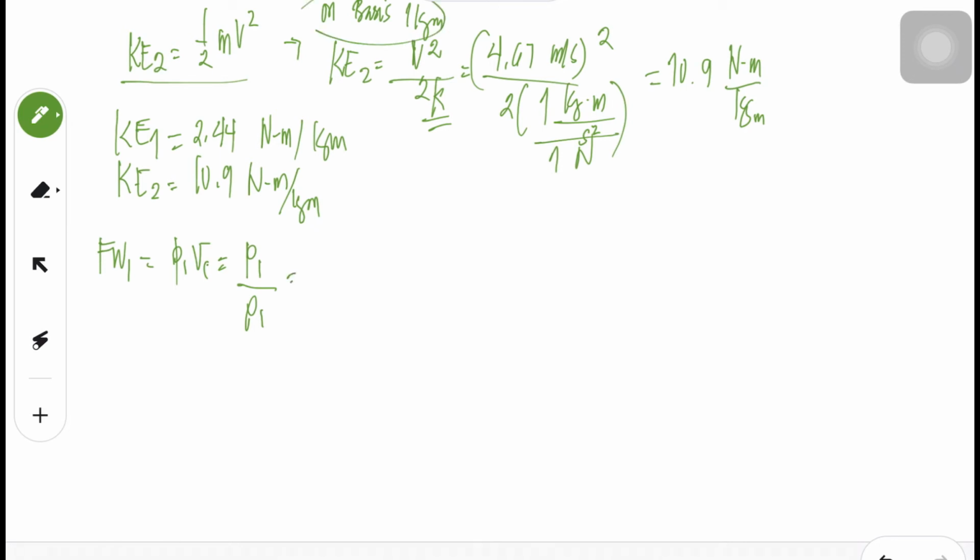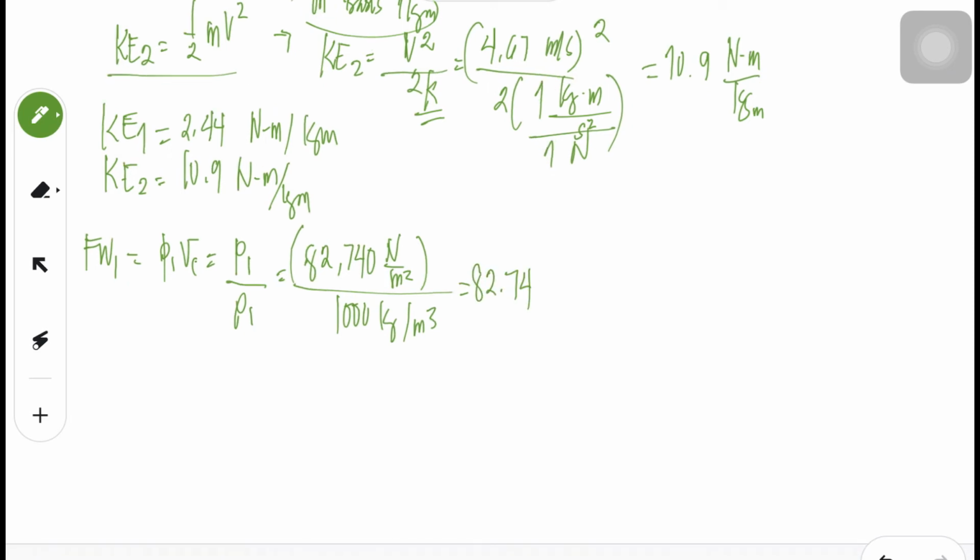So the pressure at point 1, since given sa atin, is 82,740 Pascal. So Newton meter squared is the density at point 1, so that is 1,000 kilogram per cubic meter. It is now 82.74. Matitira is Newton meter per kilogram mass.